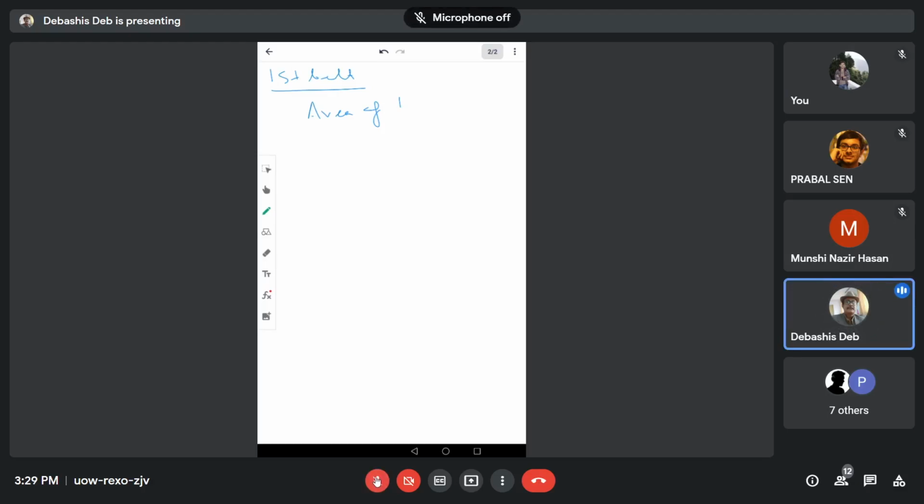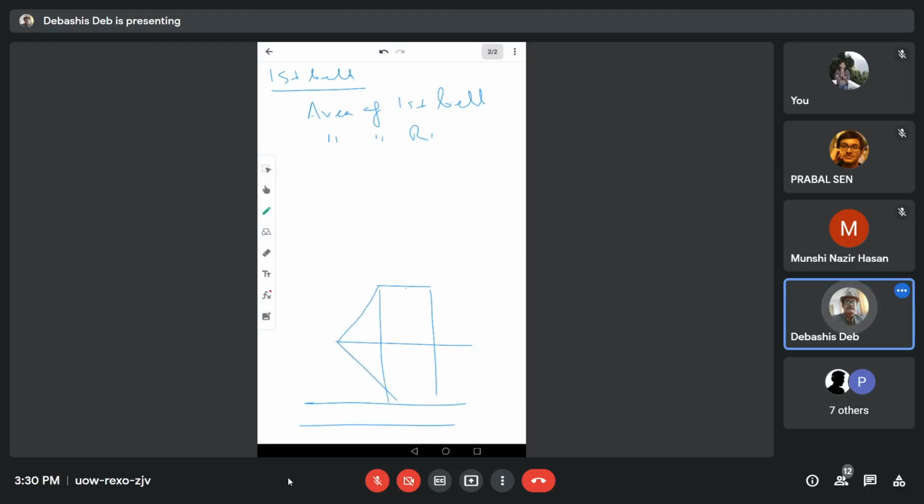Area, don't write now, just let me explain. We'll be doing area of the first belt, again area of R1. In my sketch, I'll have to draw the sketch again.